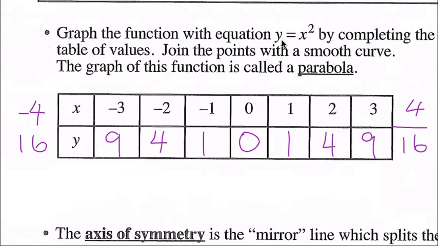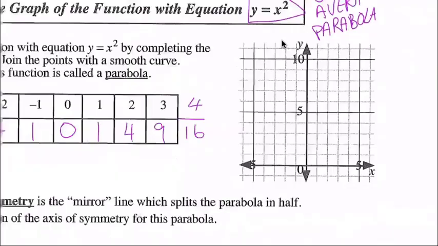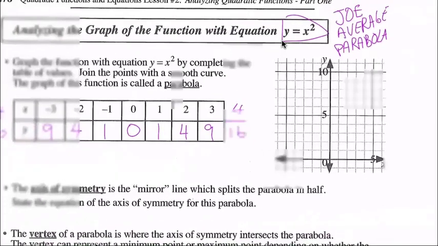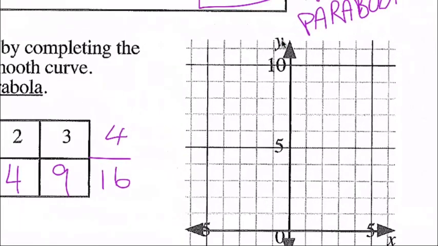Now, when we graph this, we're going to plot our points, and because I've done this a number of times, I know what the shape is, but we're going to start with (-3, 9), (-2, 4), (-1, 1), (0, 0), (1, 1), (2, 4), (3, 9). So (-3, 9) is right here, (-2, 4) here, (-1, 1) is here, (0, 0), (1, 1), (2, 4), (3, 9).